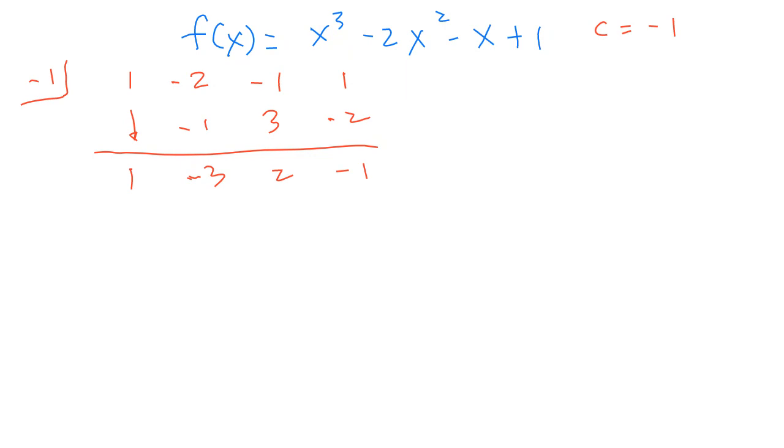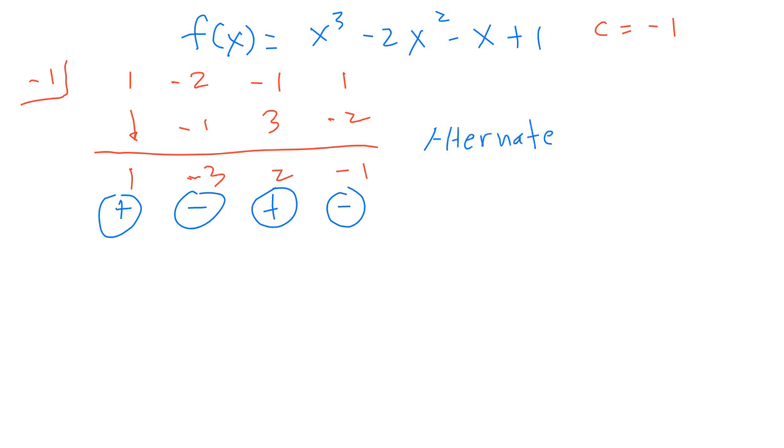So let's look at the signs. The sign here is positive, then we have a negative, positive again, and a negative. So you can see the signs alternate: plus, minus, plus, minus.